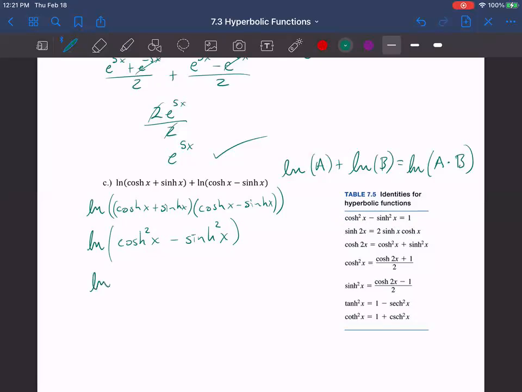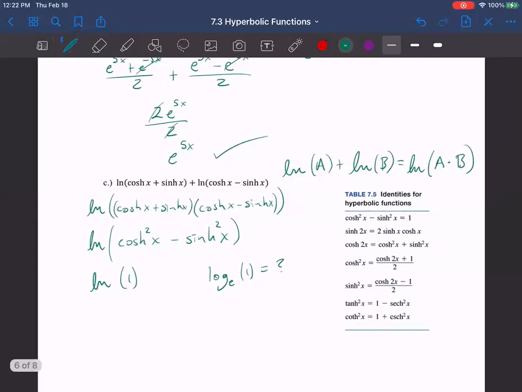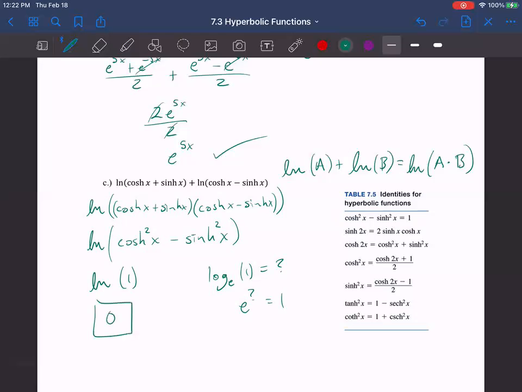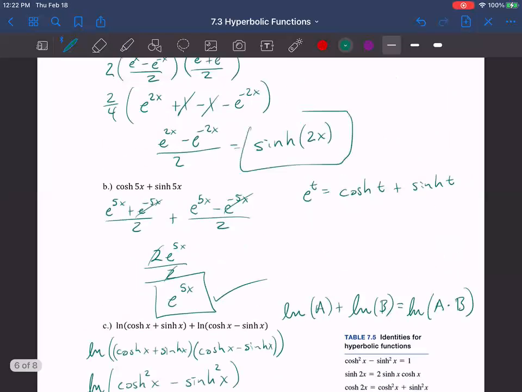So this is the natural log of 1. And what's the natural log of 1? 0. Remember, this is log base e of 1 equals what? If we take the exponential of both sides, we're essentially asking e to the what equals 1, and the answer is 0. There's our answer up there. Okay?